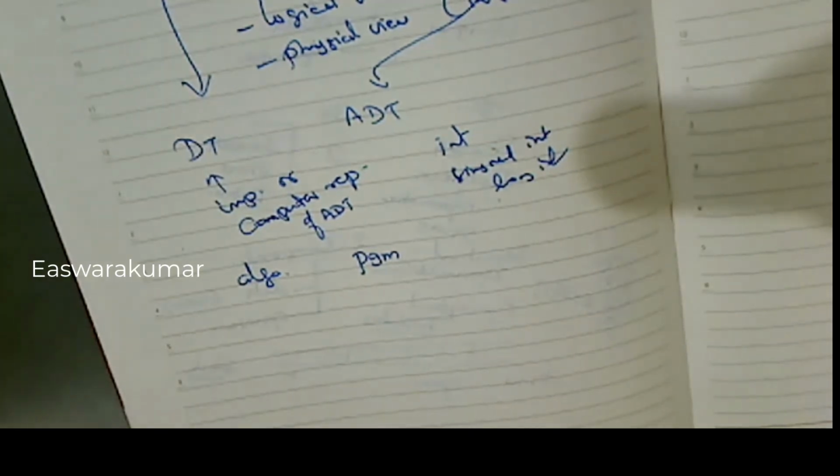So if a programming language can be used for writing the algorithm, then can I say the program and algorithm are the same or not?